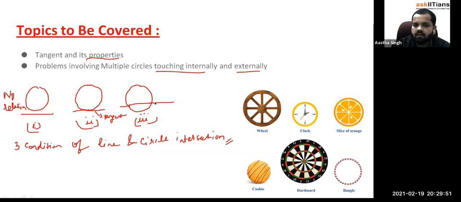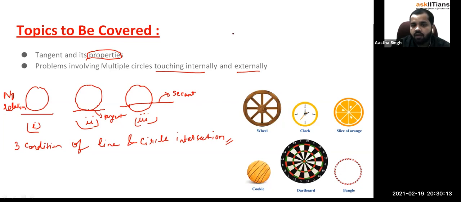If a line intersects the circle at two distinct points, then it is known as a secant. I think the point is clear. So a tangent is basically a line which touches the circle at only a single point. We will study the properties of tangents later.